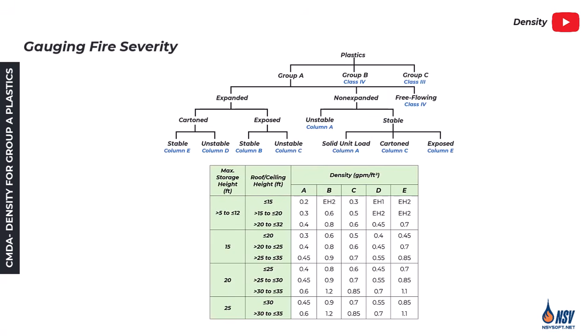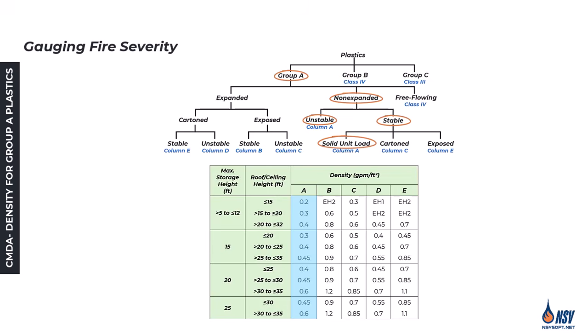As we explored in our density video, the decision tree and corresponding tables help us gauge the relative fire severity among different plastics. When we examine the tables, we observe that for any given row, the lowest required density is consistently found in column A. By referencing the decision tree, we see that column A is dedicated to non-expanded, unstable plastics, as well as non-expanded, stable, solid unit loads.